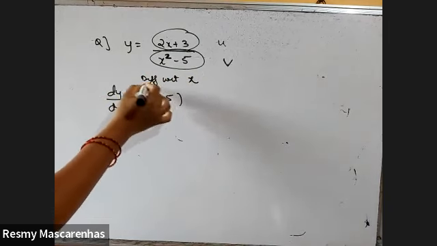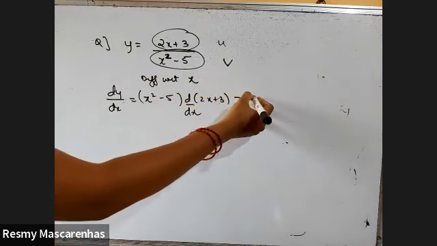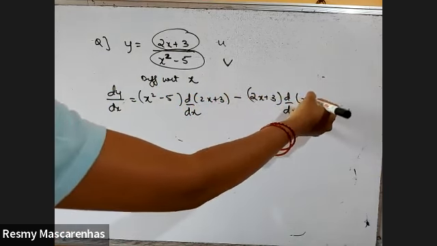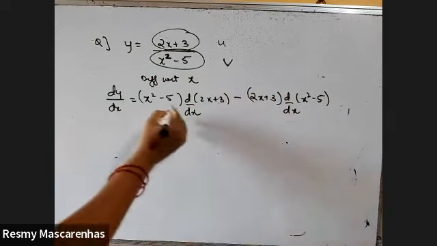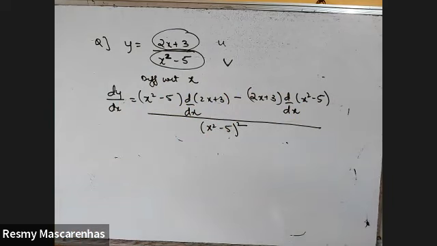This is the denominator. v into derivative of u minus u into derivative of v upon v square.